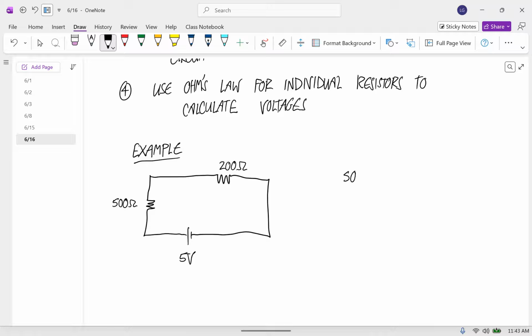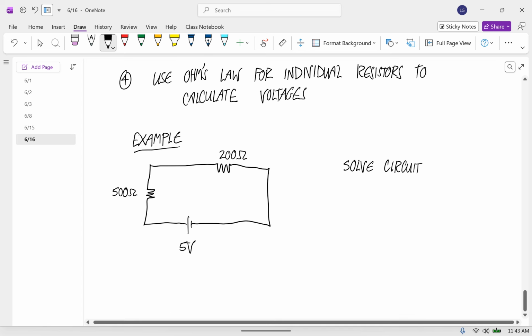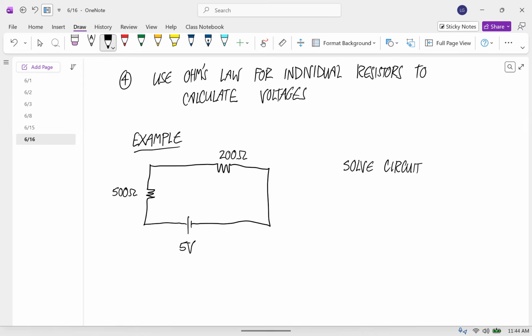And we want to solve this circuit. The first step is you have to identify that these are in series. Is there any way, anywhere that current can flow that goes through the 500 where it doesn't flow through the 200? And the answer is no. So these are in series.